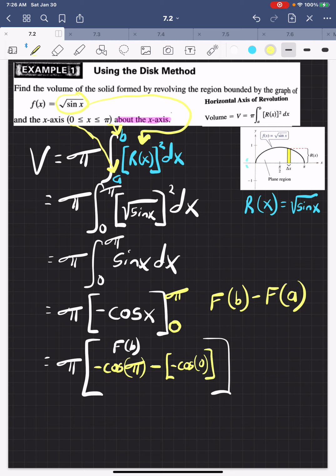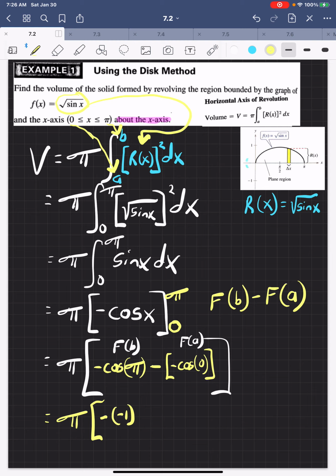Again, that is f of a. Okay, so let's just clean this up. So we have cosine of pi is negative 1. So that we end up with negative 1.